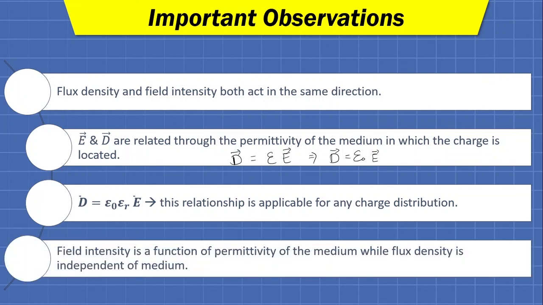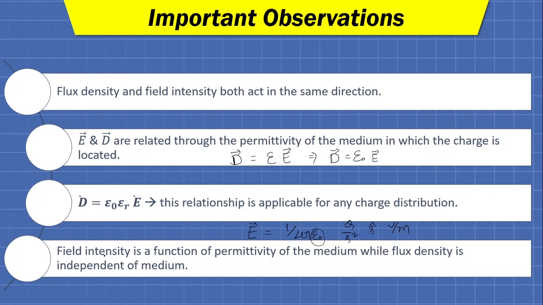And lastly, the field intensity is a function of the permittivity of the medium, while flux density is independent of the medium. Both statements are very clear from the formulas only. E bar for any point charge is 1 upon 4πε0 times Q upon r² r caret volt per meter. In this equation you are seeing ε0, which is nothing but a property of a medium, called permittivity.